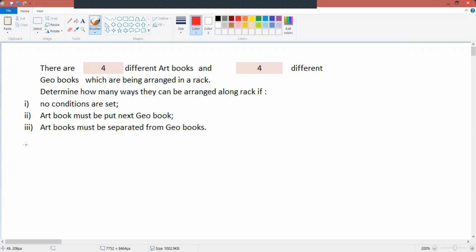So the first one will definitely be very easy, because there will be 4 different art books, A1, A2, A3, A4, and then geography books G1, G2, G3, and G4.